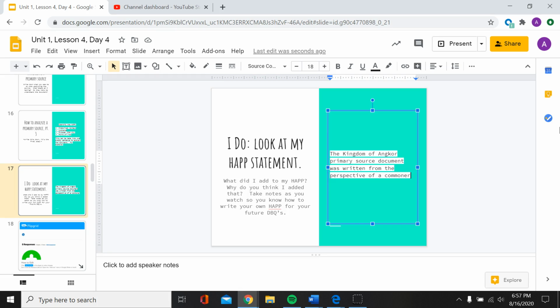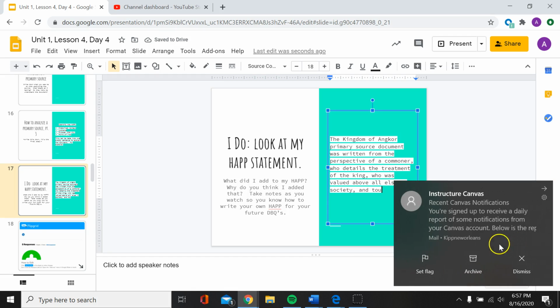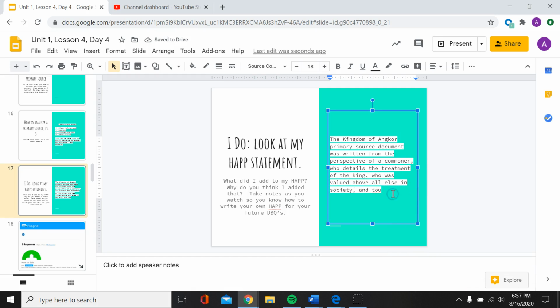So I'll say the Kingdom of Angkor primary source document was written from the perspective of a commoner who details the treatment of the king, the king who was valued above all else in society, and touches briefly.